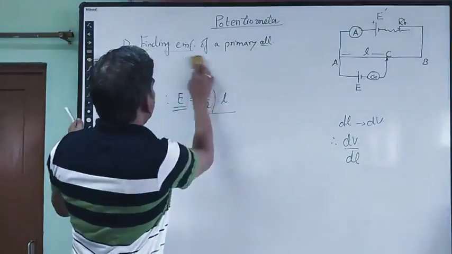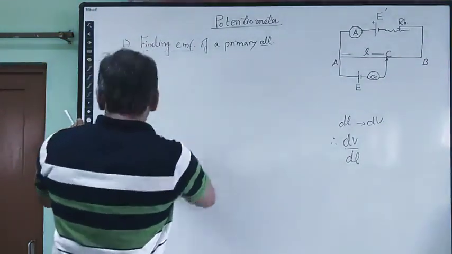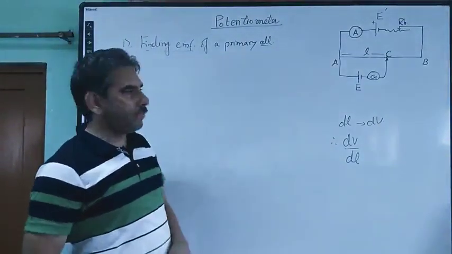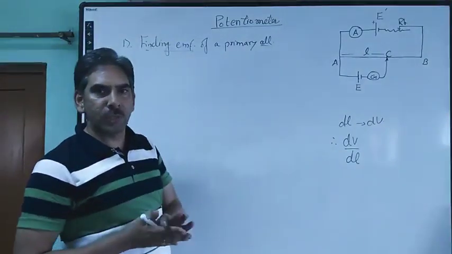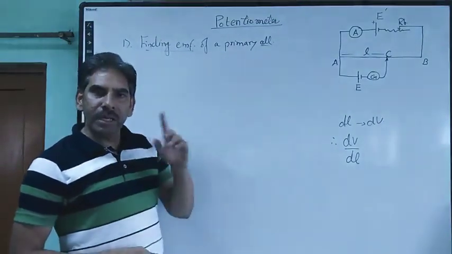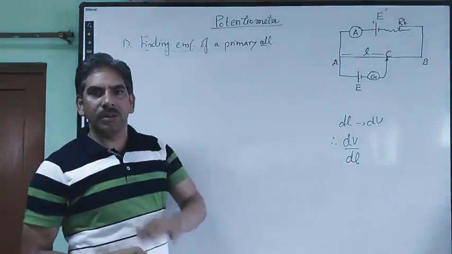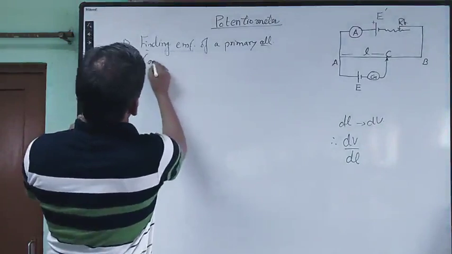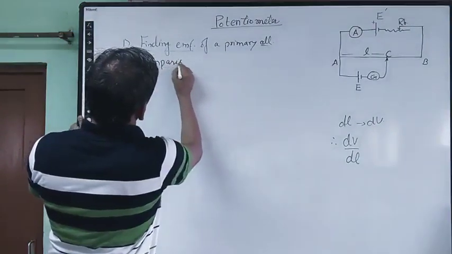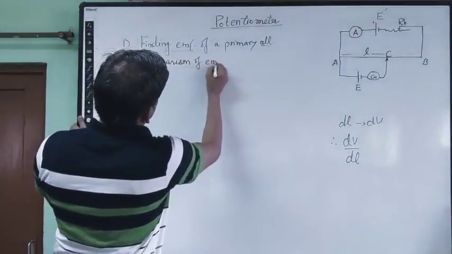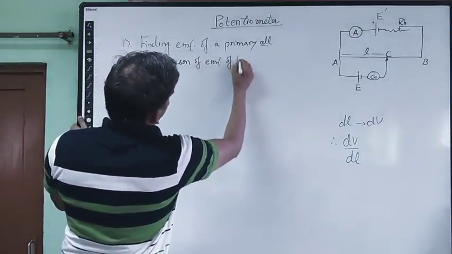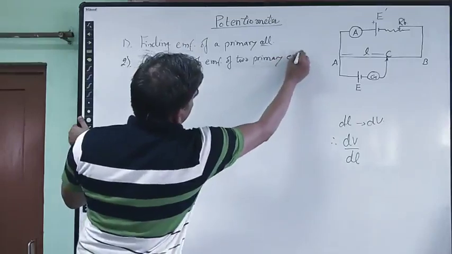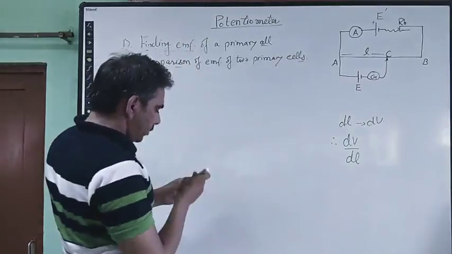The second application is comparison of the EMFs of two given primary cells. Suppose that we have two primary cells. In the laboratory we perform the experiment by taking two primary cells, one of which is the Daniell cell, and another one is the Leclanche cell. So the second application is comparison of EMFs of two primary cells. So how do we compare?